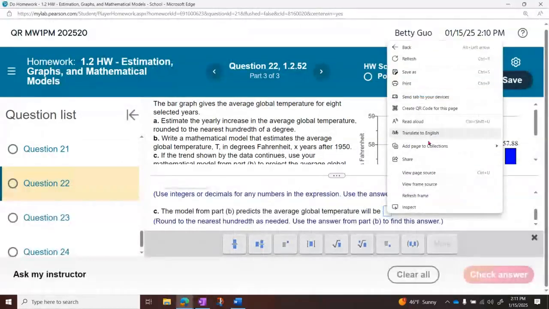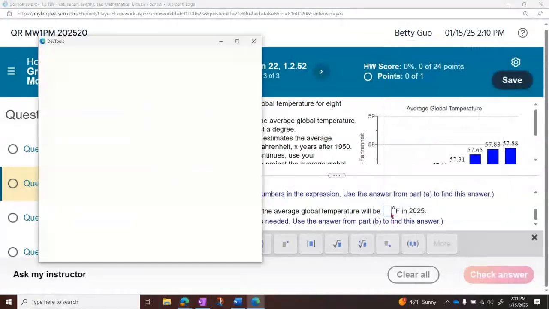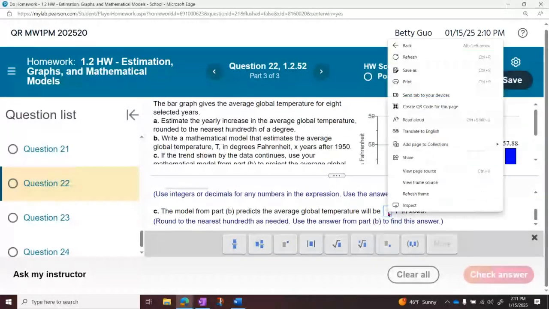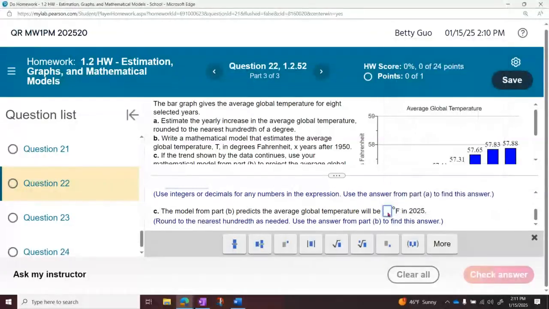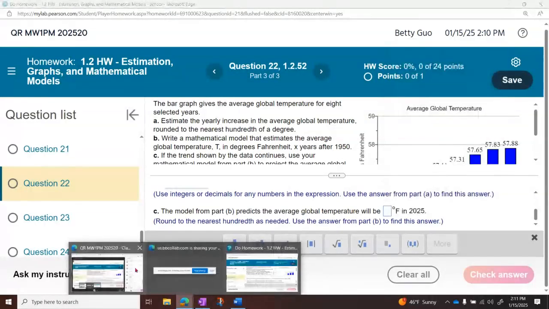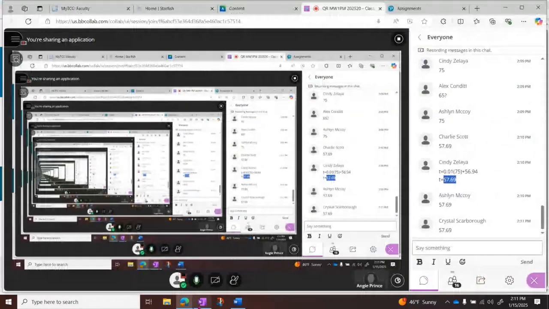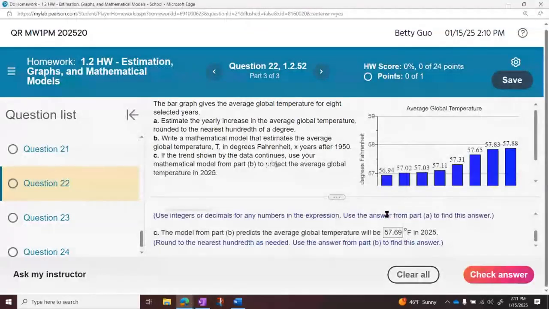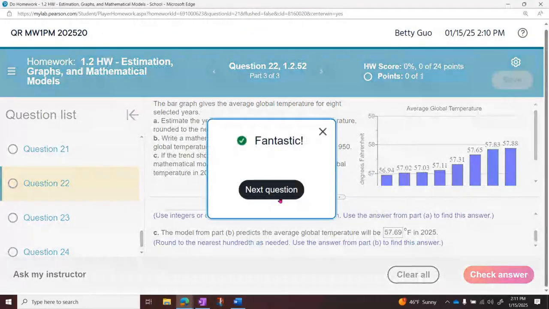Sometimes it lets me paste. Hold on. It doesn't let me paste this time. Okay, I'll just type 57.69. Here we go, right? We got it.